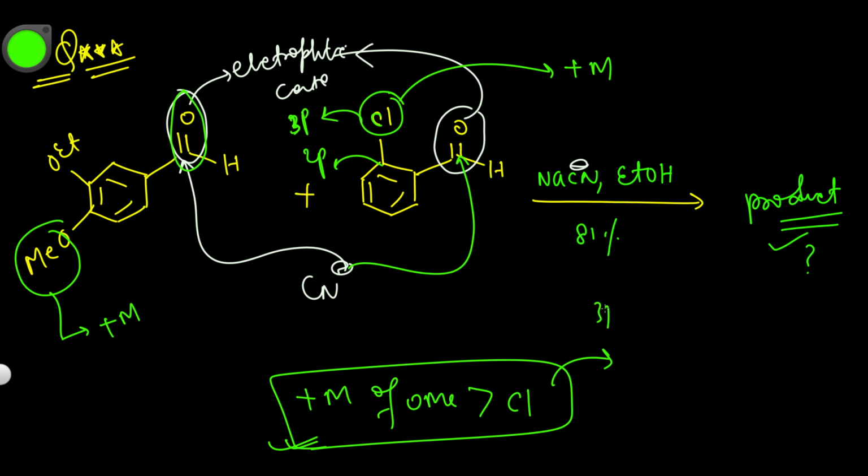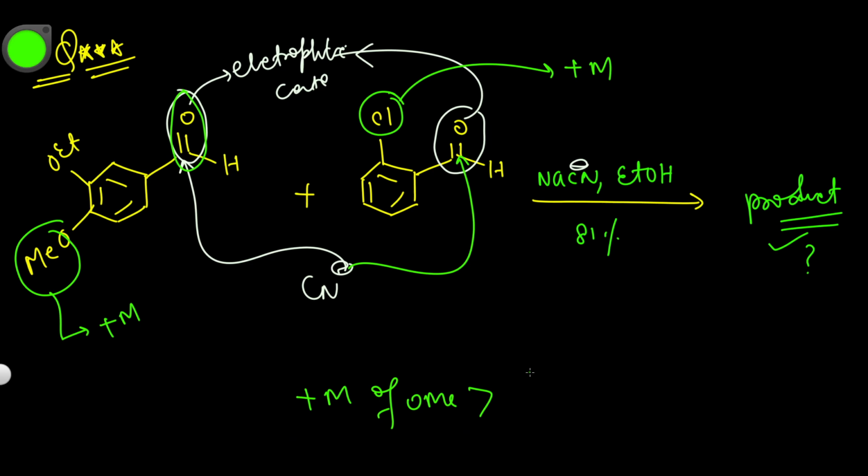That's why here it is 3p-2p, and in the case of OMe we have 2p-2p, and we know that the 2p-2p interaction is good, and that's why the plus M effect of OMe is greater than that of Cl. I hope you all know this, okay?